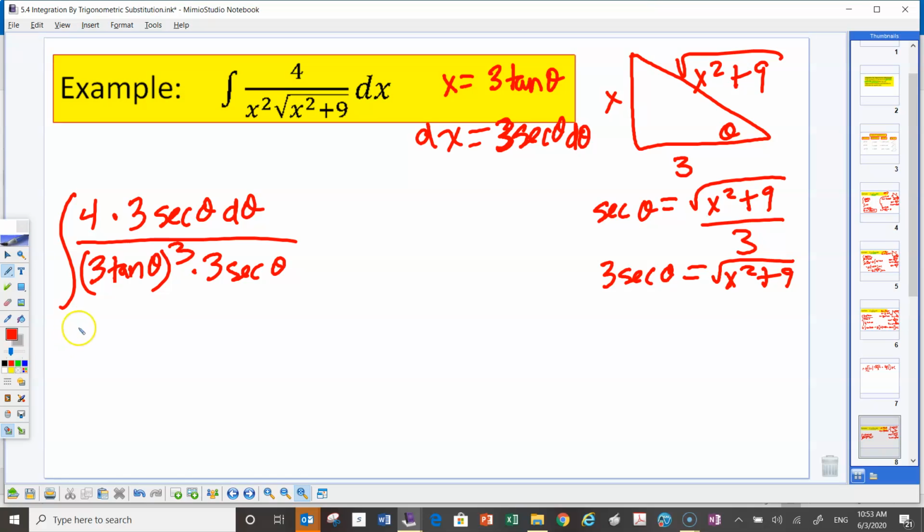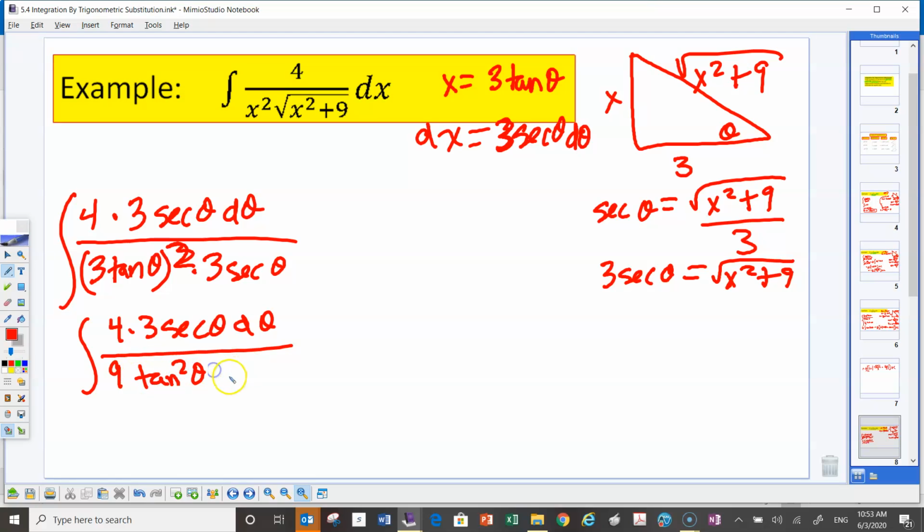So if we simplify this, I'm going to get 4 times 3 secant squared theta d theta. And on the bottom, this should be squared, sorry, not cubed. I'm going to get 9 tan squared theta times 3 secant theta.